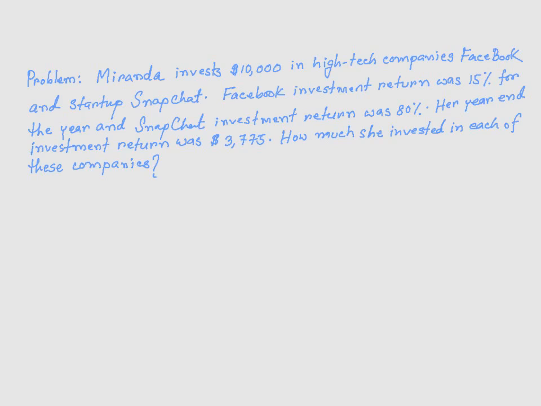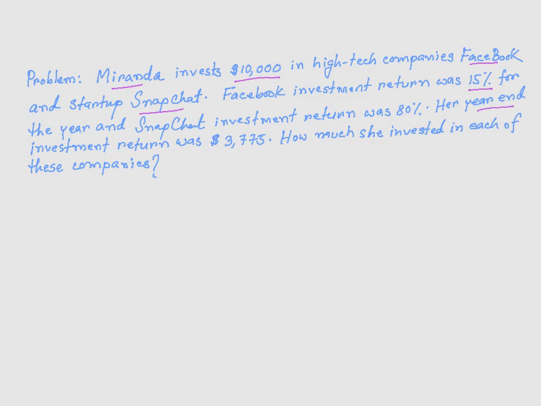In this video, I am going to discuss an investment problem. Miranda invests $10,000 in two high-tech companies. One is Facebook, another is startup Snapchat. Facebook investment return was 15% for her for the year, and Snapchat investment return was 80% for the year.